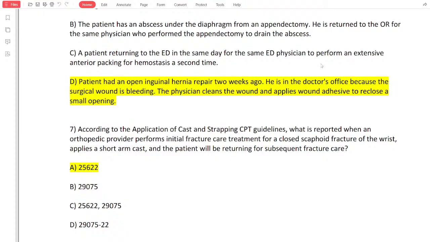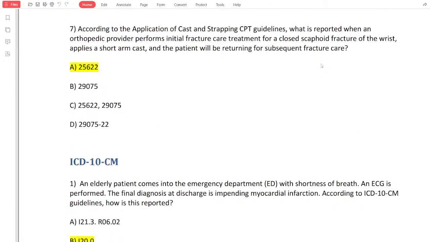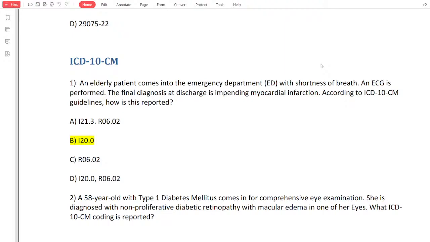So here the option is 25622. Okay, cast and strapping related guideline. Next, move on to ICD-10-CM. An elderly patient comes into the emergency department with shortness of breath. An ECG is performed.